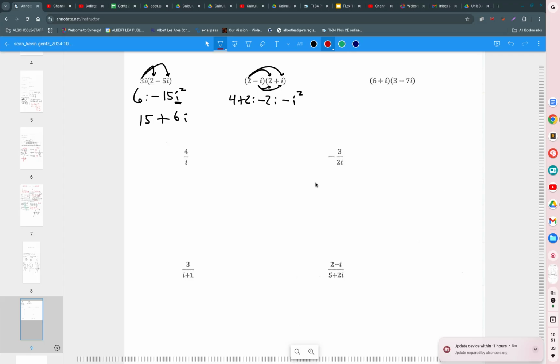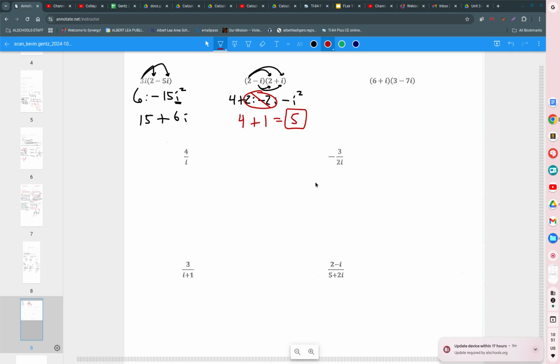The middles, gone. So I have 4. What's going to happen to the negative i squared? Positive 1, so you get 5 out of that.